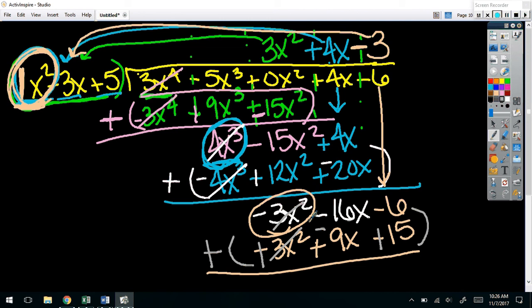Why would it not be negative 15? When you plug it in, you keep the top the same, correct, and change the bottom.